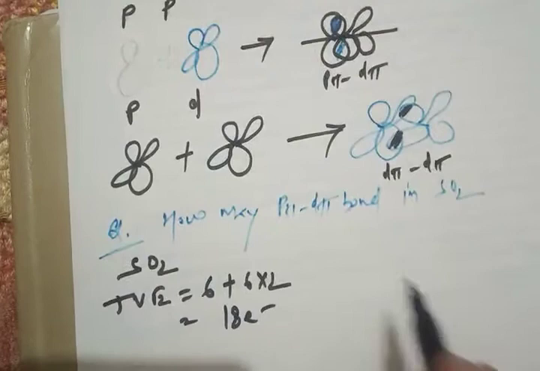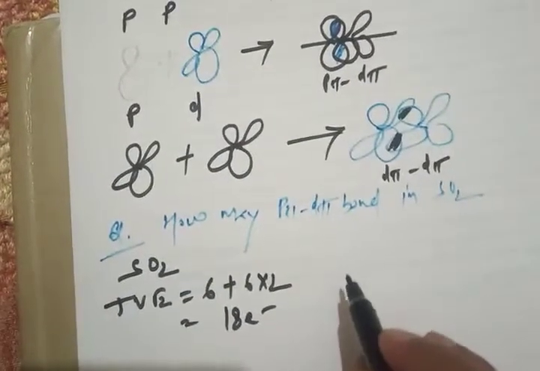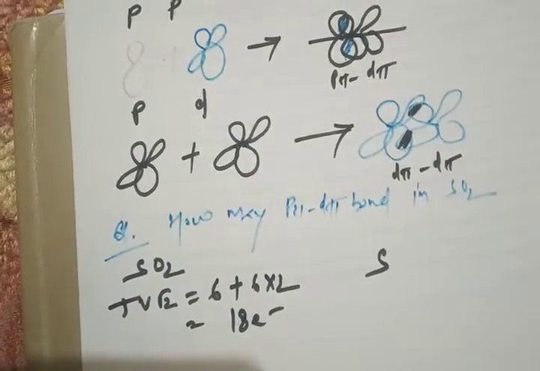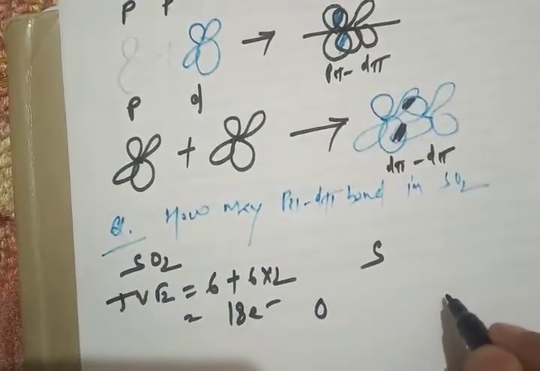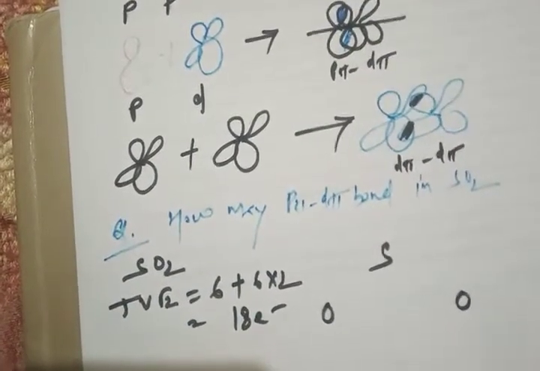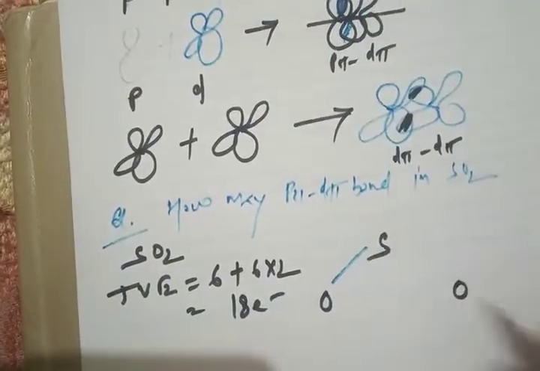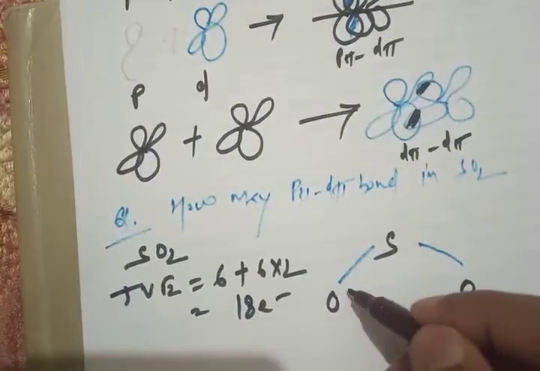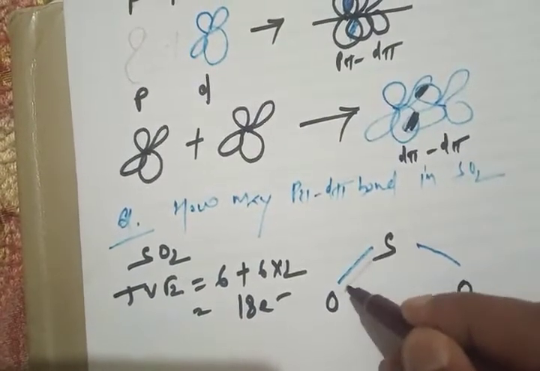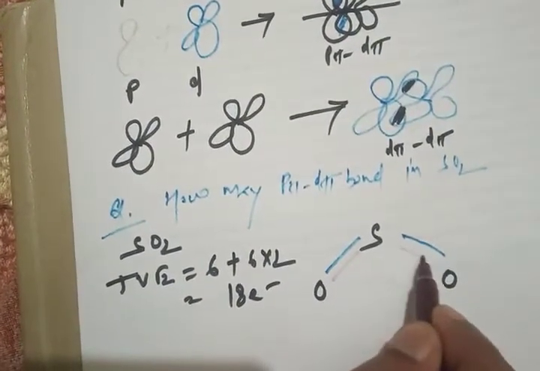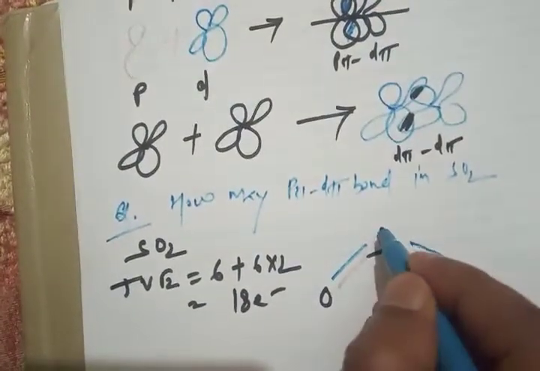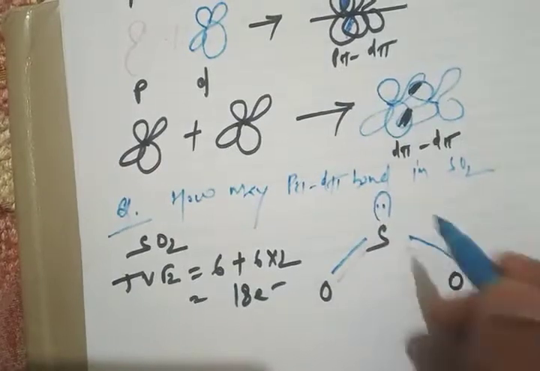Okay, and if you draw the structure it looks like this. This is sulfur, this is oxygen, and one bond is sigma here, and one is the pi bond. Okay, this is the pi bond, and one is the lone pair also.